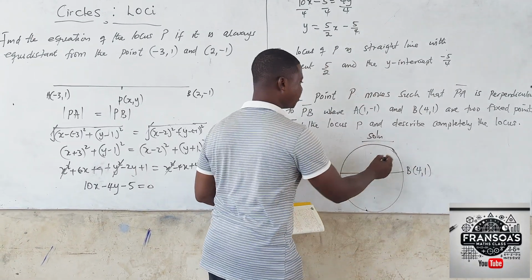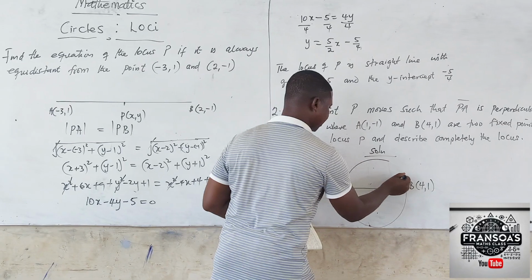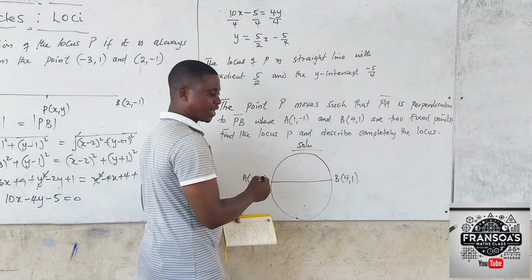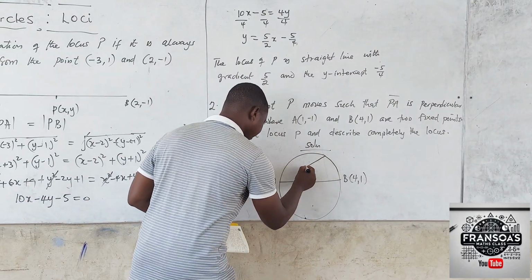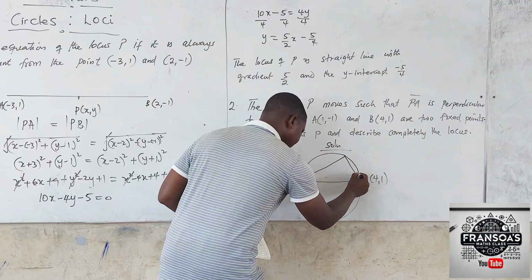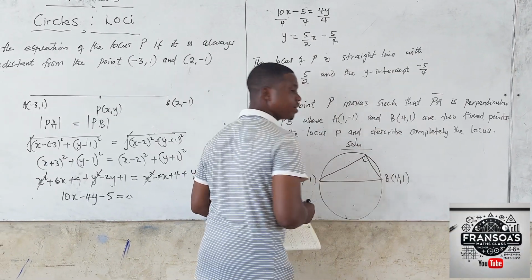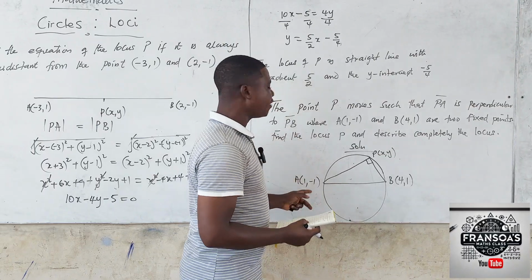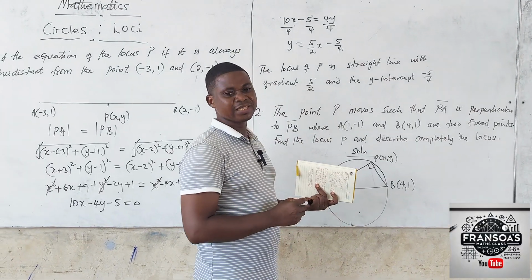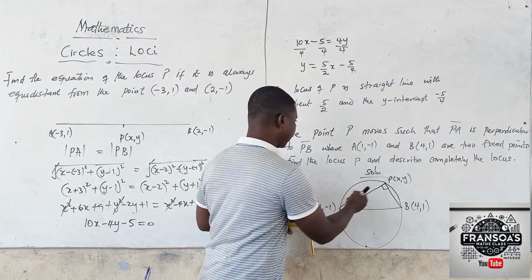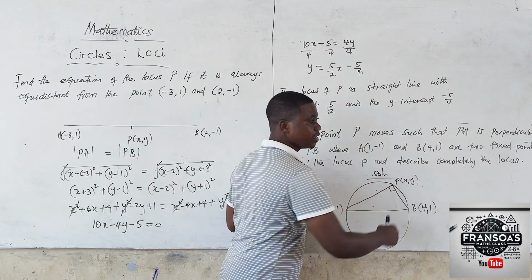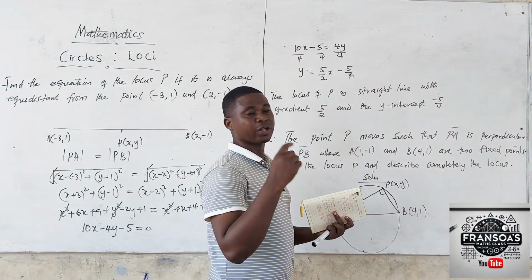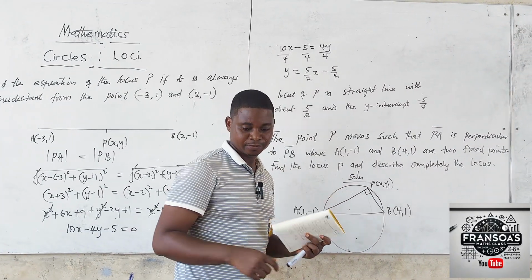Because it's perpendicular, it forms an angle of 90 degrees at P(x, y). So the gradients of PA and PB, when you multiply them, should give negative 1.